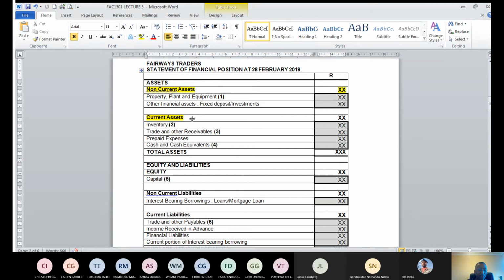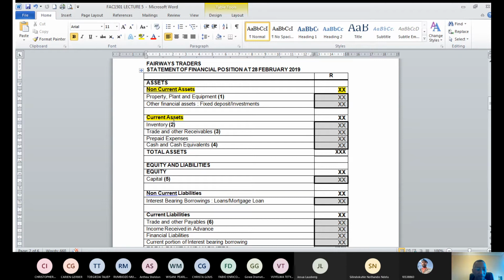Under your current assets, there are 4 categories of current assets: inventory, trade and other receivables, prepaid expenses, and cash and cash equivalents. That will make up the 4 categories for your current assets. Once again, I refer you to the note at the bottom, the inventory.